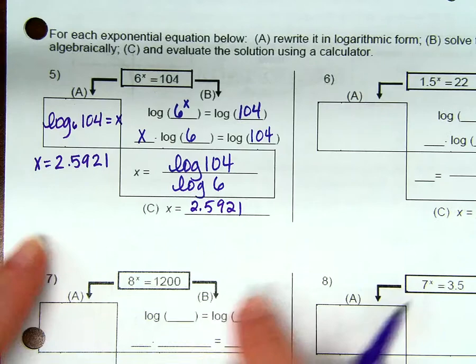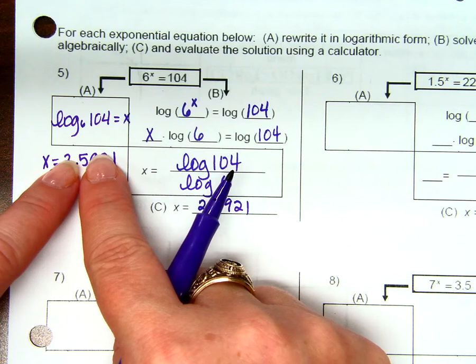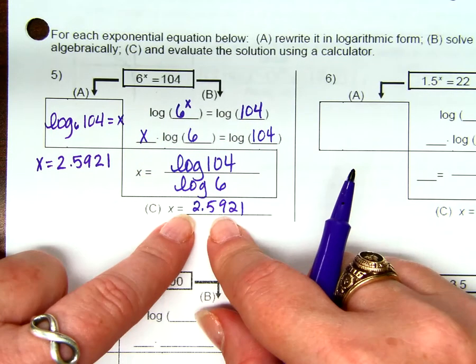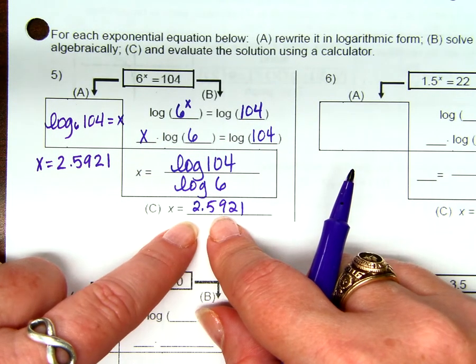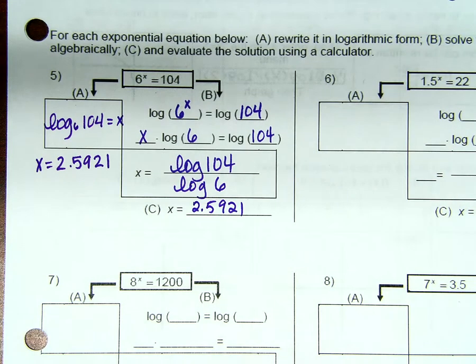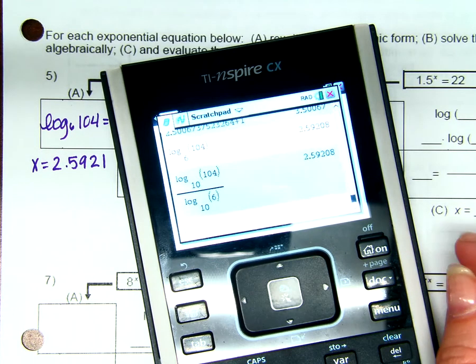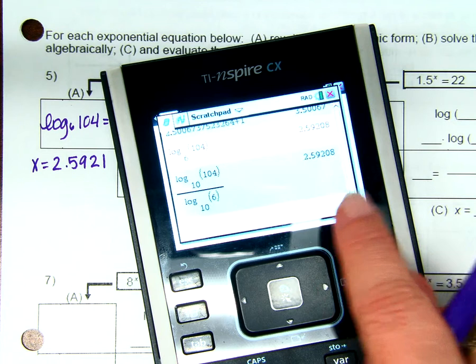So why in the world, if I teach you this first, which is literally 2 steps, would I then go back and teach you this one, which is more than 2 steps? It's longer. In case it's different, so you know more ways, okay? Every single one of you has one of these calculators and carries it with you 100% of the time.